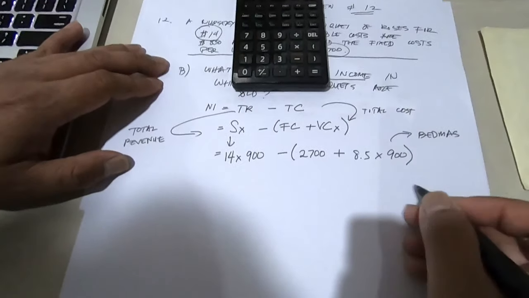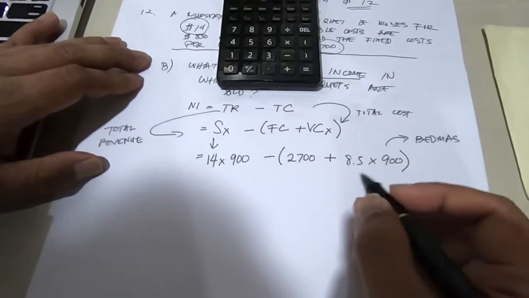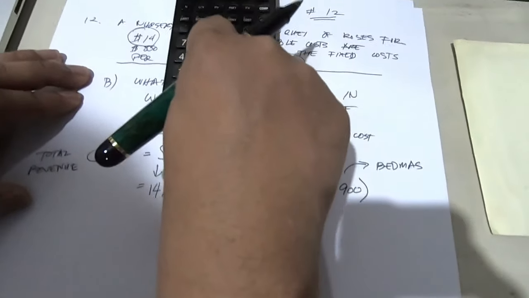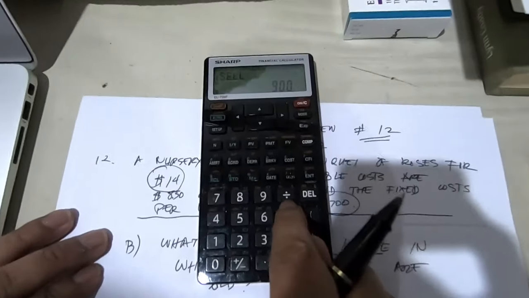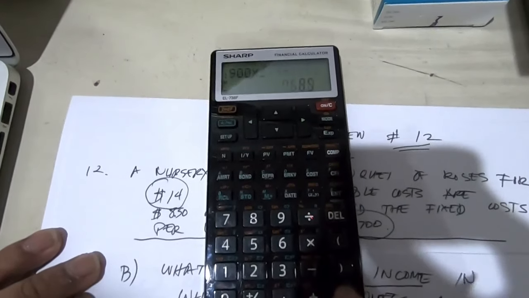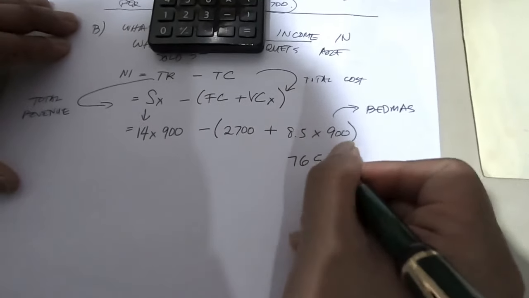Okay, now to continue, we do the multiplications first. So 8.5 multiplied by 900. Let's go to the calculator here. That's 900 multiplied by 8.5. That would be 7,650.